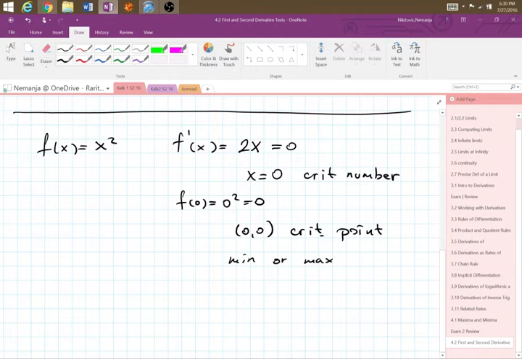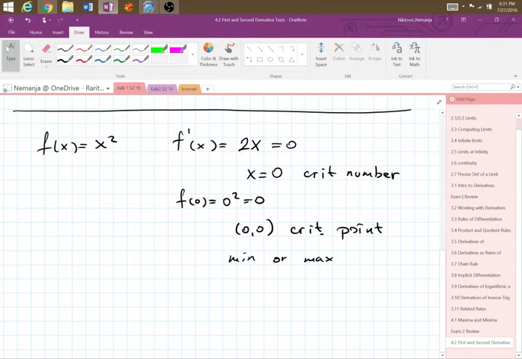So how do we know which one it is? Well, we put the number line down, x, and we put the critical number down, and we make a little box above it, let's say. So you have two boxes now. The line above 0 is not the y-axis.